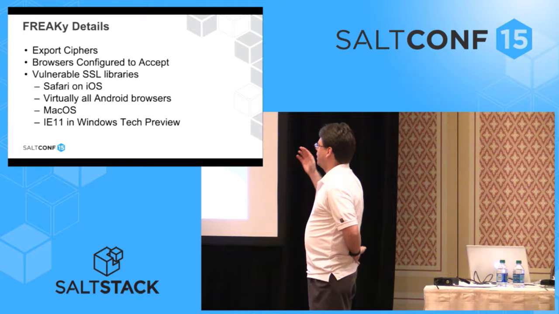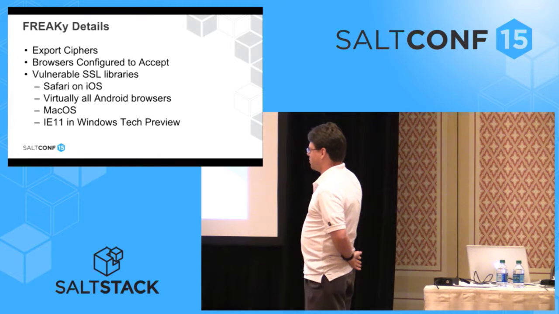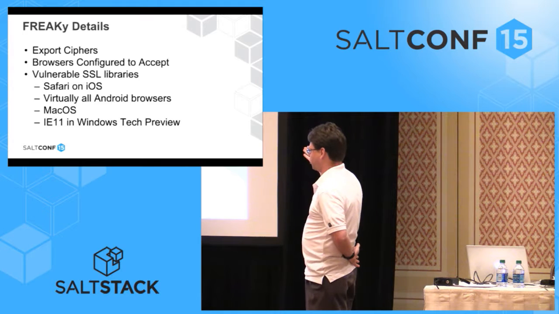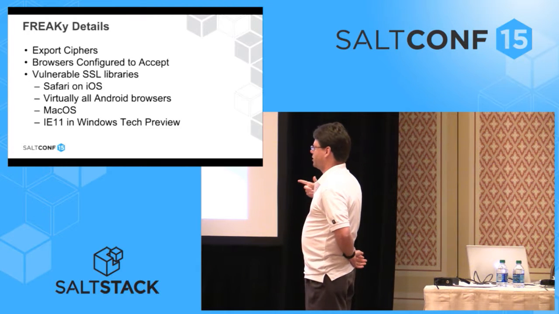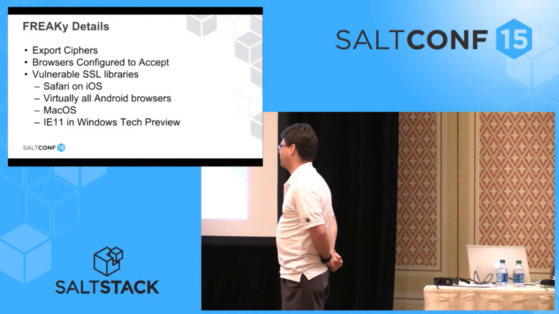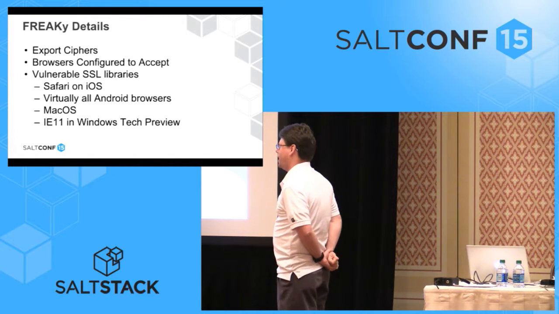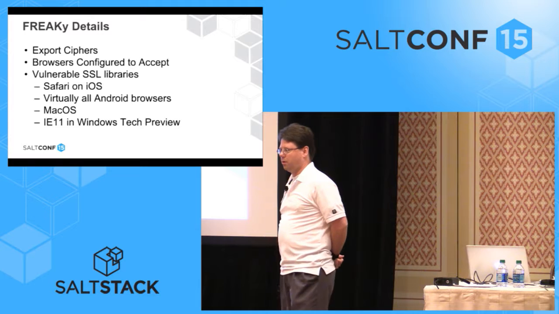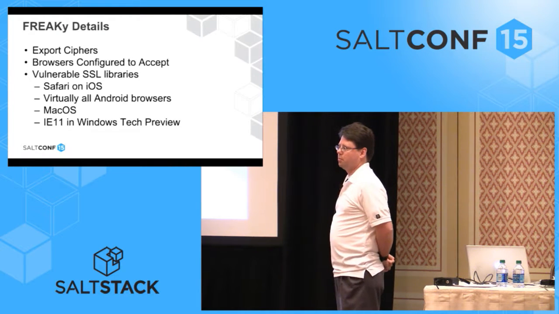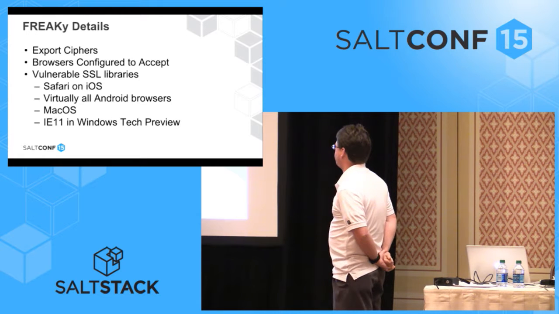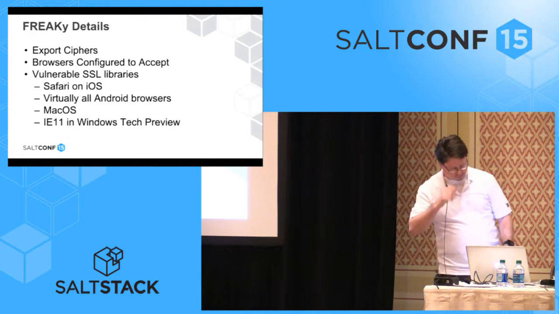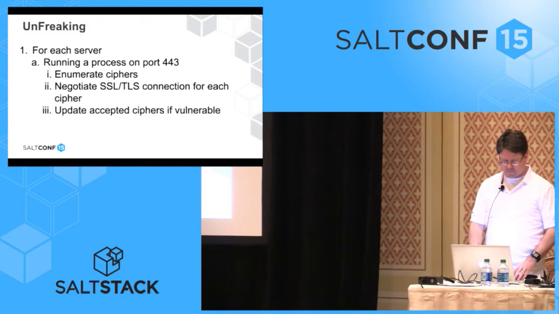In particular, there are a number of browsers out there that will also try to negotiate export ciphers: Safari on iOS, almost all the Android browsers, Safari on macOS, and even IE11 in the current Windows Tech Preview will all negotiate a 512-bit or smaller export cipher. And there are a whole bunch of very high-profile websites that are vulnerable to this.